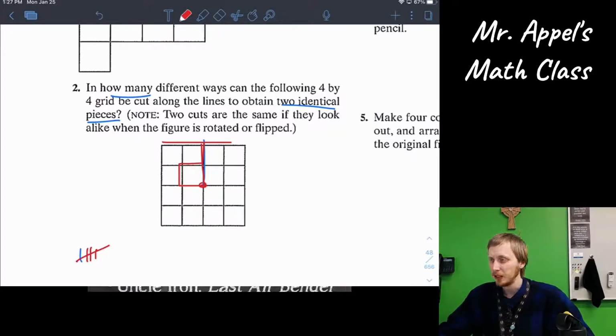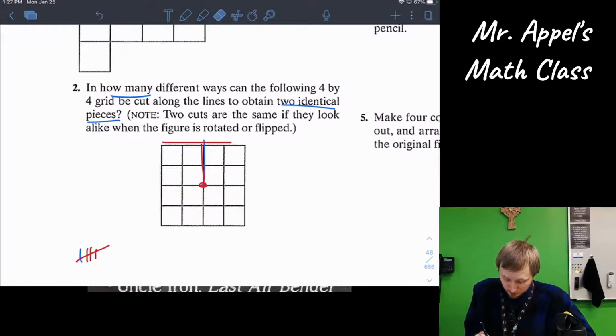Okay, so I believe, I'm double checking the official answer here. Yes, 5 ways. Okay, so do you see that? Straight up and down is the blue. See if I can draw them in a unique color each time here.